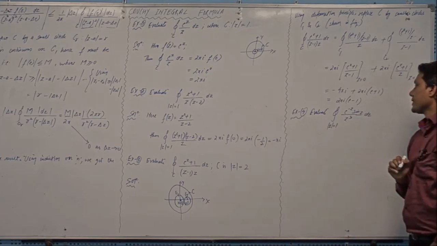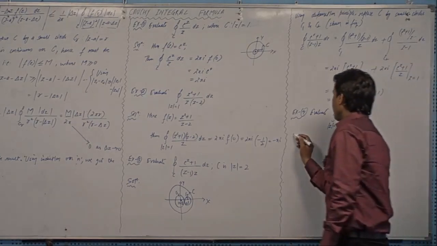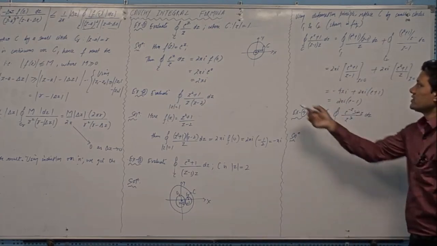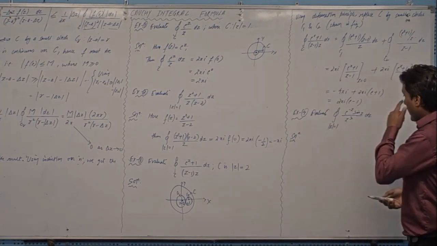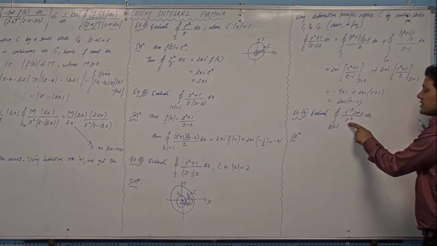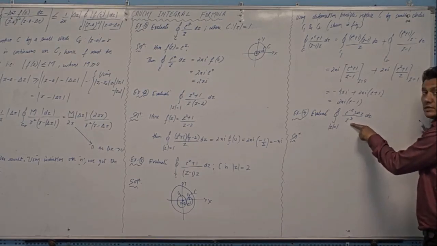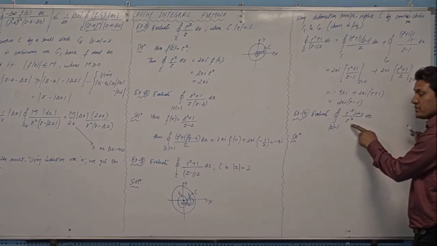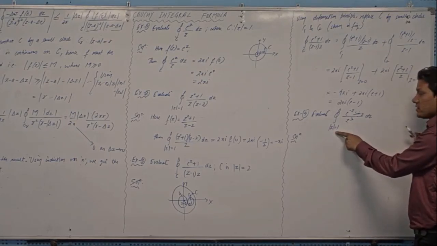Okay. Solution. If you draw this circle, this is again mod z equal to 1, this circle, right? Okay. And if you focus on the denominator part, this is z cube, right? Okay. So 0, that will give 0, and which lies inside this circle, right?